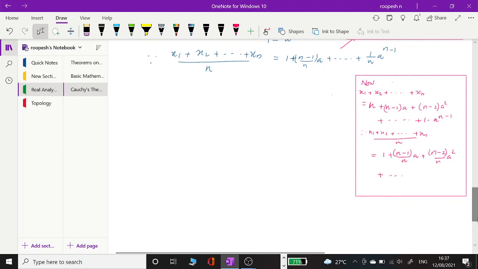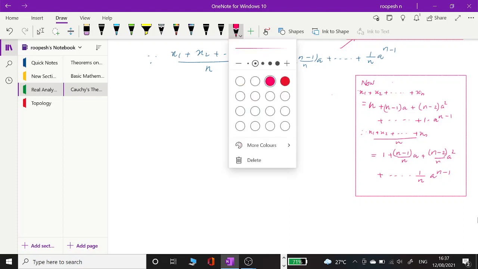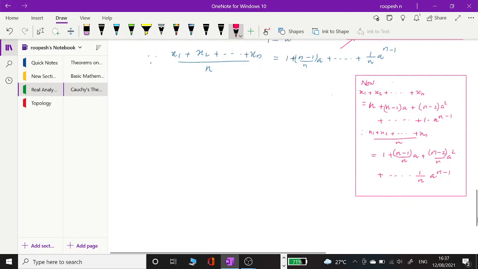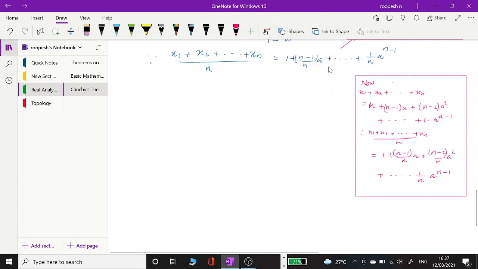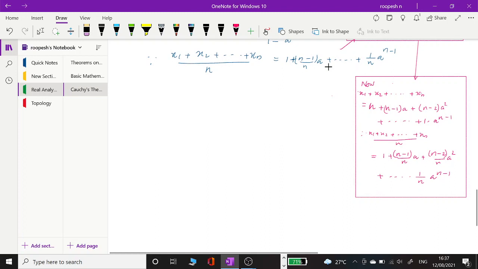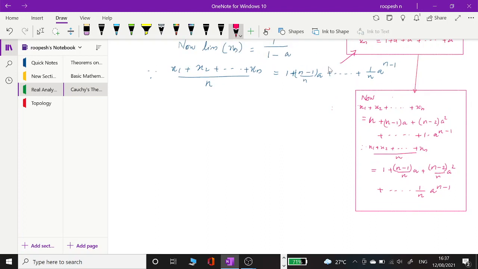Plus etc plus the last term, 1 by n into a raised to n minus 1. You have got exactly the same, right? So you will get exactly this one, right?